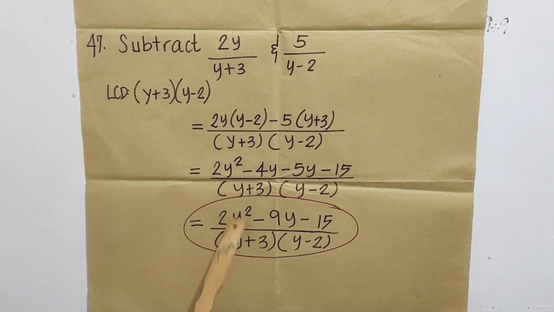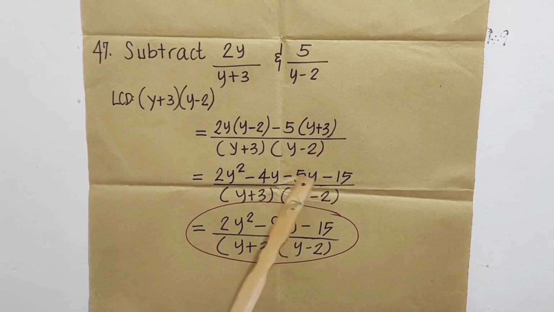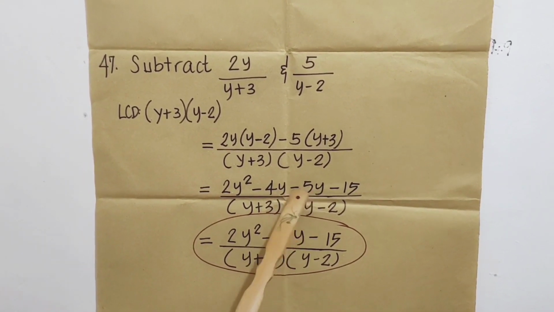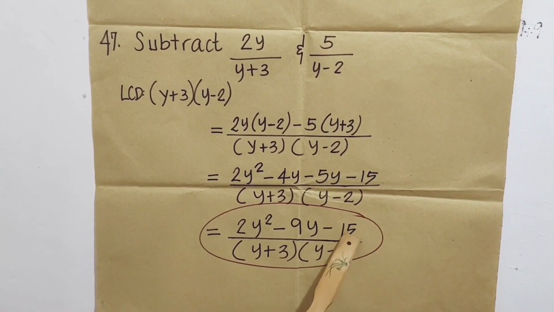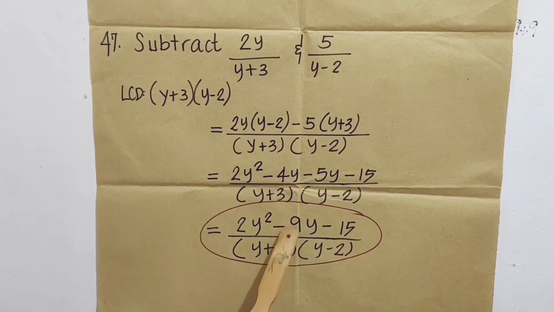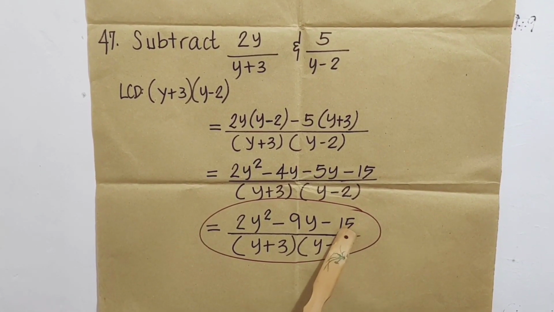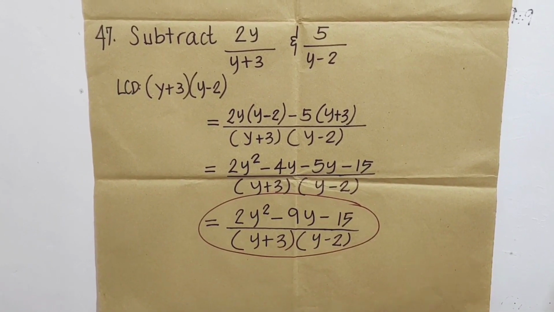So 2y squared, just copy. We have negative 4y, negative 5y. Then we combine these because they are alike. We have negative 9y, and copy negative 15. Since we cannot factor 2y squared minus 9y minus 15, this will now be our final answer. Just copy the denominator.